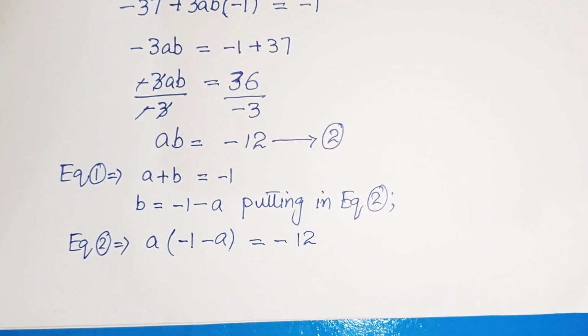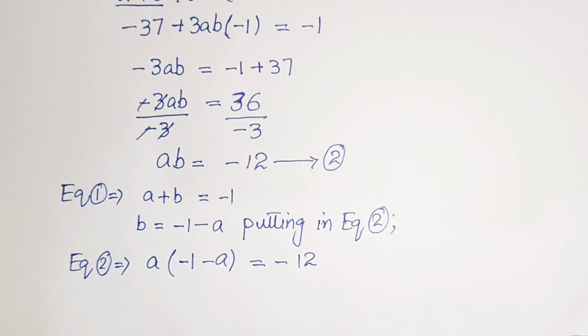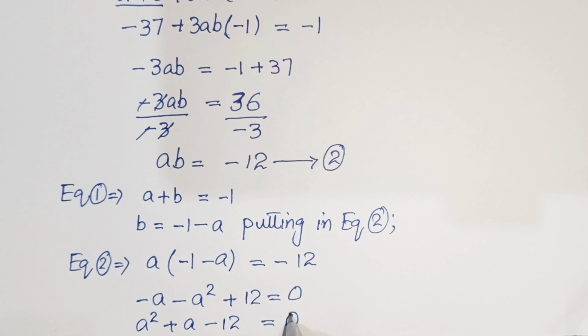Multiplying a into the parentheses, a times minus 1 is minus a, and we get minus a squared minus a plus 12 is equal to 0. Multiplying both hand sides by minus 1, we get a squared plus a minus 12 is equal to 0.